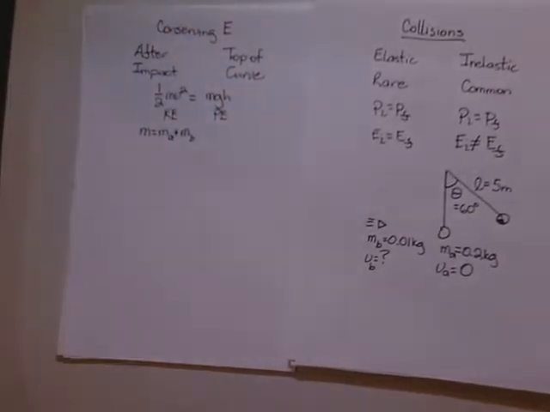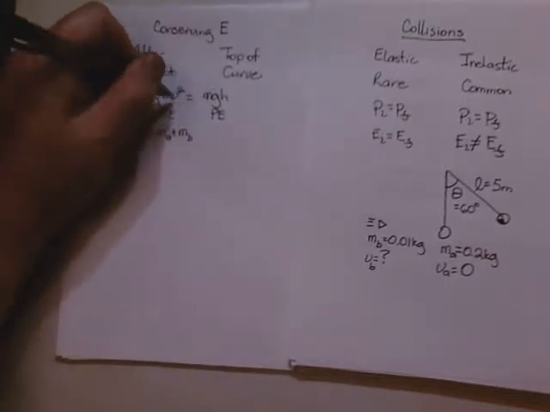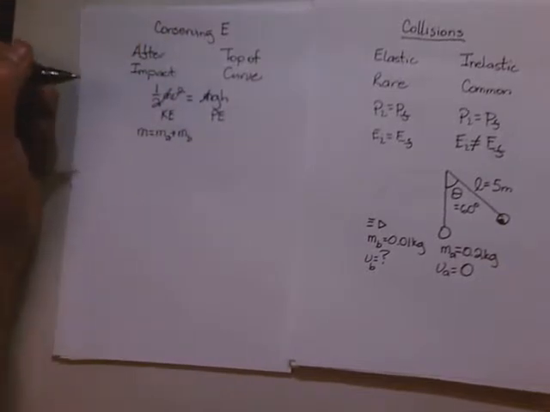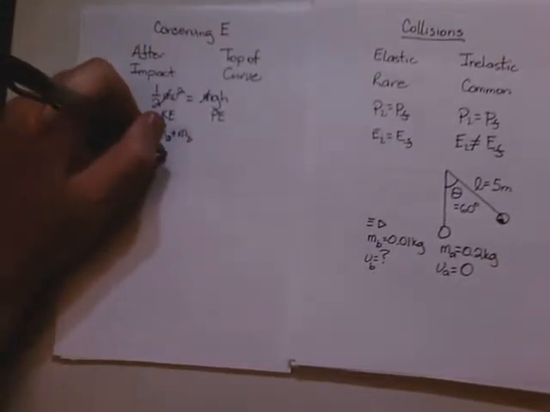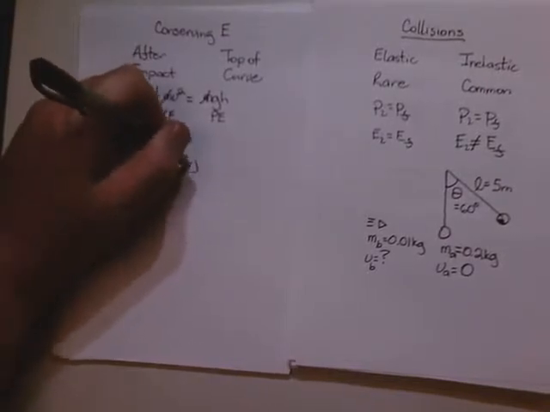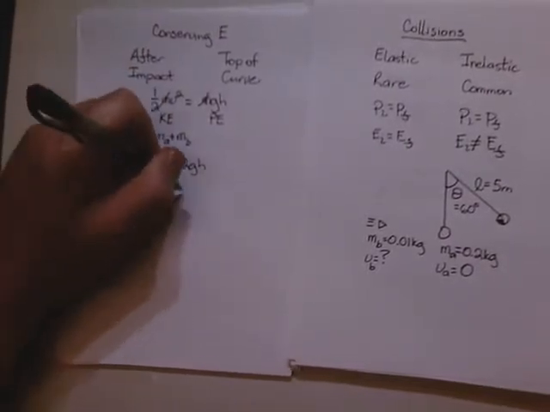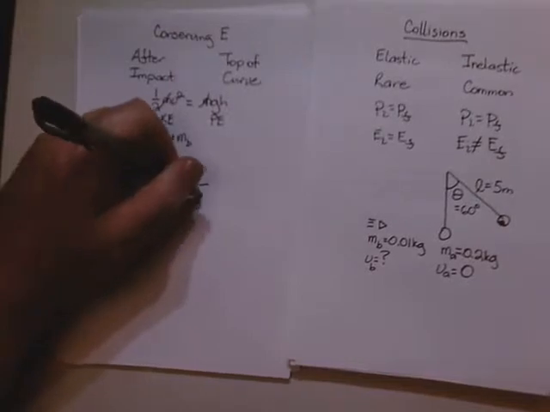The masses are the same, and one of the reasons why I never made a big deal about writing it out completely like this is because the masses cancel out. So v squared is equal to 2gh, or v is the square root of 2gh.